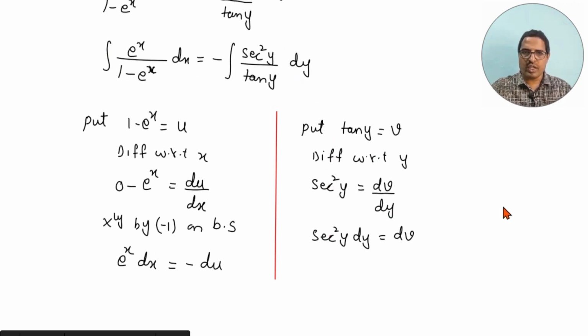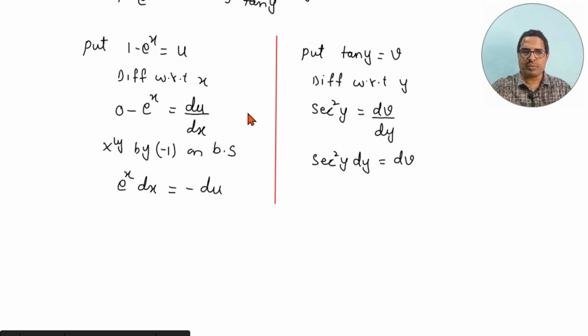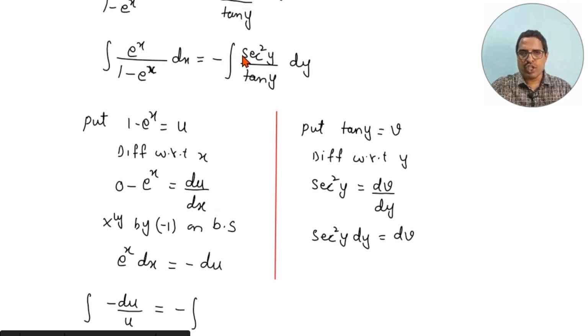So we get integral of e power of x dx is nothing but minus of du divided by 1 minus e power of x, which will be u. Therefore we get integral of minus of du divided by u is equals to, on the other side, minus of integral of, if you try to observe it, secant square of y into dy, its value is dv.